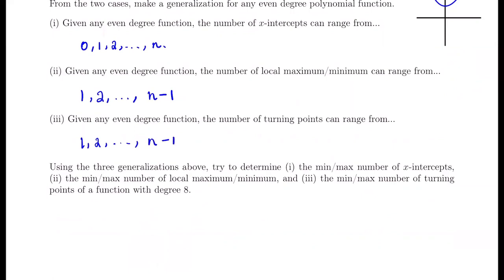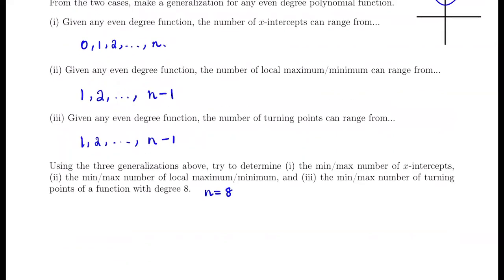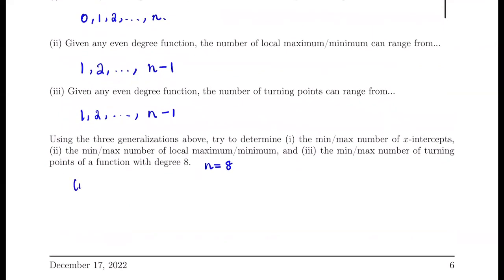Okay, so using the generalizations above, let's try to determine the minimum and maximum number of x-intercepts, the minimum and maximum number of local extrema, and the minimum and maximum number of turning points of degree 8. Since n is equal to 8 here, all we have to do is put everything up to 8. So for 1, the minimum number of x-intercepts could be 0.